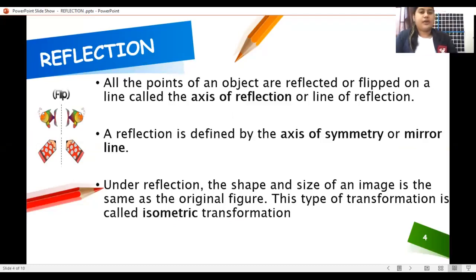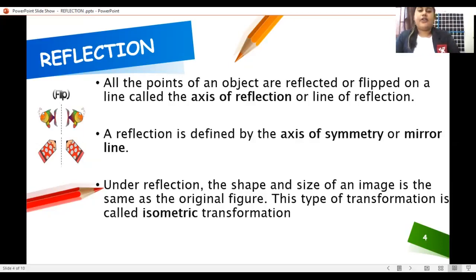Now, when we talk about that, as shown in the video, we could have seen that a flip happens across, and the line there is called your axis of symmetry. Well, that is what we mean by your axis of reflection. So a reflection is defined by your axis of symmetry or mirror line.